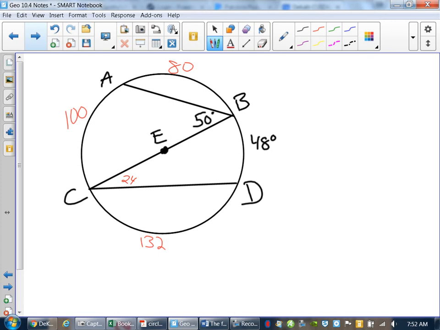Very, very quick. Angle C is an inscribed angle. It lands on the circle, so it hits an arc. It's equal to half that arc. That's it. Just like this one was, if this one was 50, going the other direction, they double it. If I go this way, I cut it in half.